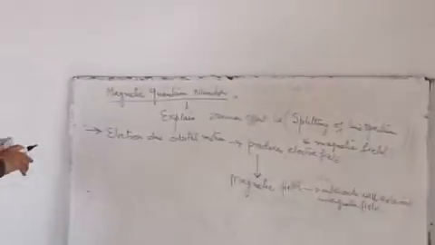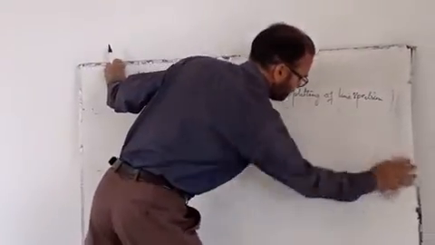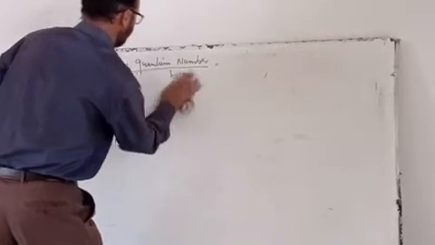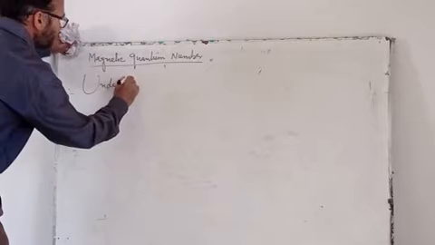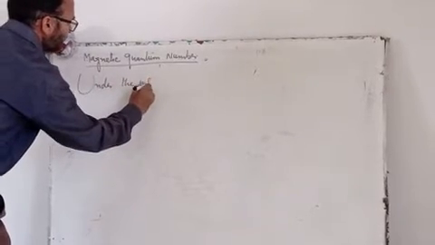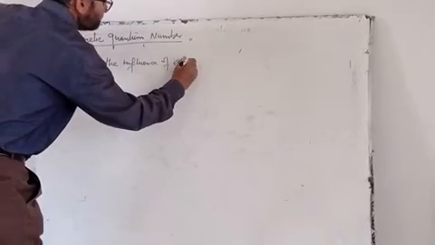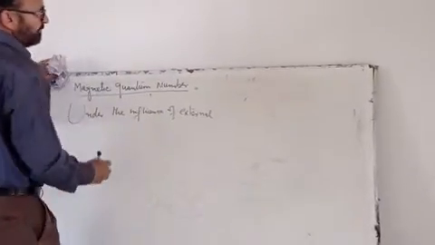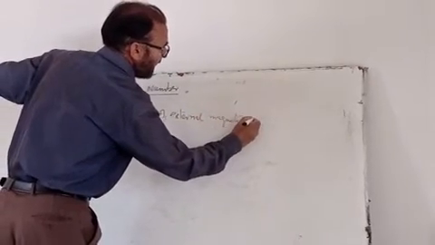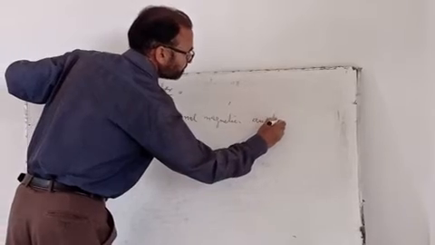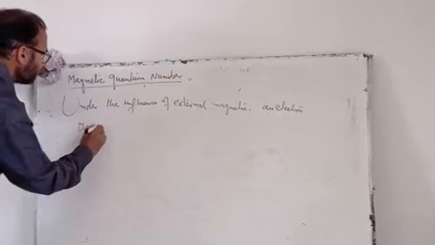So, under the influence of the external magnetic field, an electron orients itself.